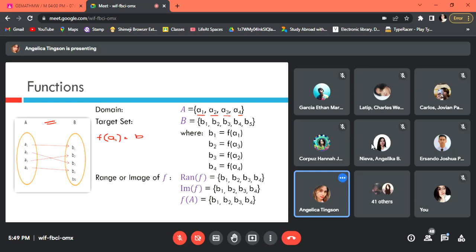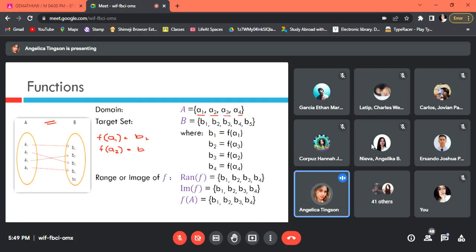Into B sub 1. Okay? So, ganun lang siya sinusulat. Kapag titignan natin siya sa image, so, from A sub 1, function of A sub 1 maps into B sub 1. Okay? So, next, halimbawa, function of A sub 2. So, A sub 2 natin into B sub 3.